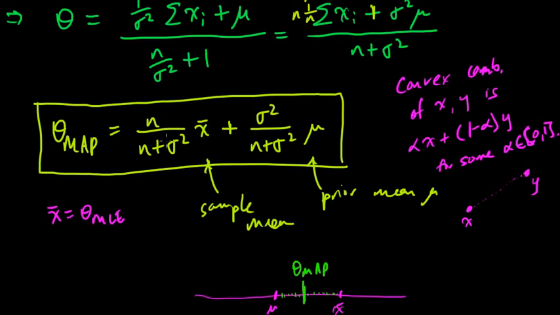Then this is 0, so this drops out, and this just becomes 1 times mu. So when n is 0, we start out at mu, and as n goes to infinity, this goes to 0, and this goes to 1. So we're approaching the sample mean, which is the MLE.